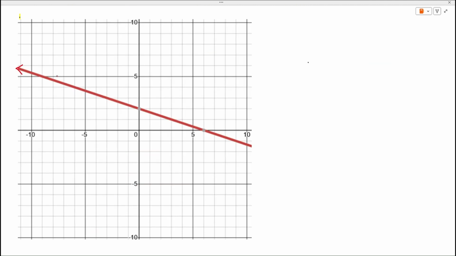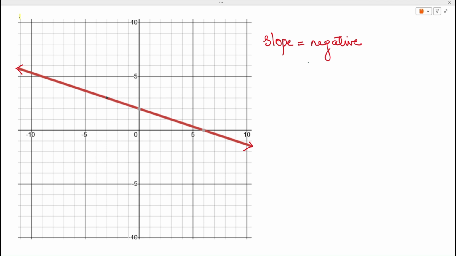Now, for this given line, we again will try to figure out the slope. Because the line is moving down from left to right, we know that its slope will be a negative value. Now let us try to find the slope. So pick up again any 2 points.